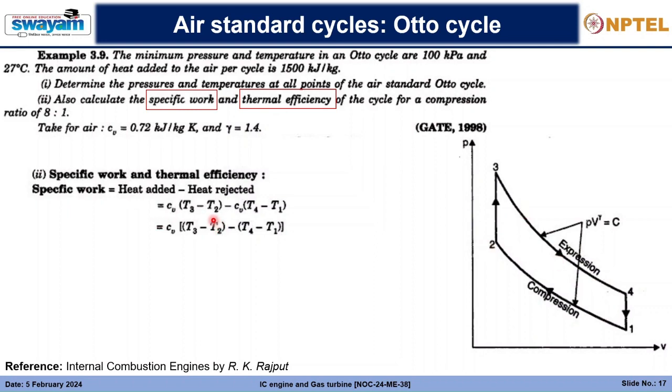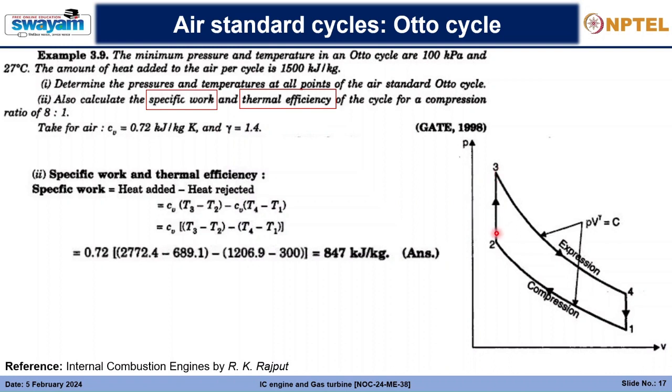So by solving Cv(T3 minus T2), that is heat addition, minus Cv(T4 minus T1), that is heat rejection, that will eventually give a net work done or specific work of 847 kilojoule per kg.